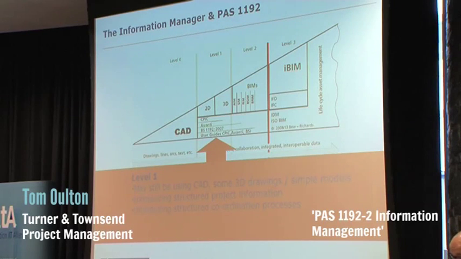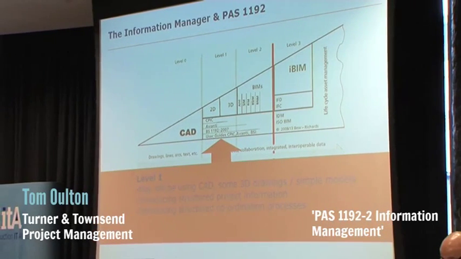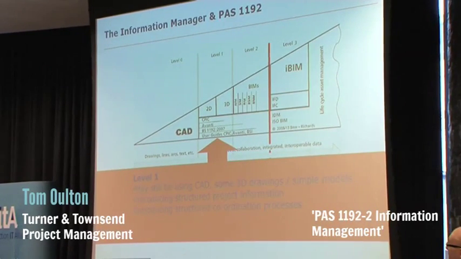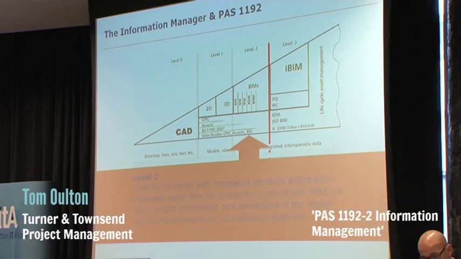We're introducing structured project information and structured coordination processes, where we're thinking about how we bring these things together. This is probably where the majority of the industry is at, who are claiming to be doing BIM at the moment. It's where we are. Then we get to level 2, which is what we're trying to achieve by next year.